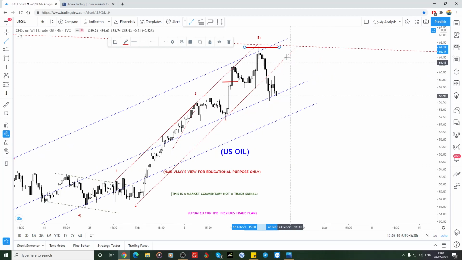What did it do? Exactly the highest, 62.25. It hit my stop loss and came down nearly $3, $3.5.